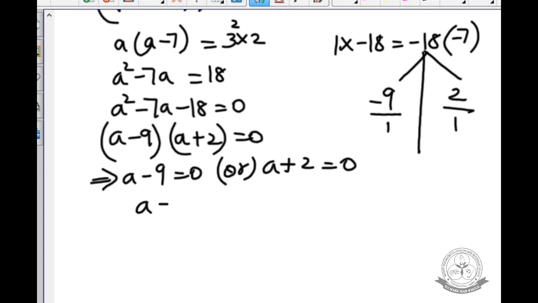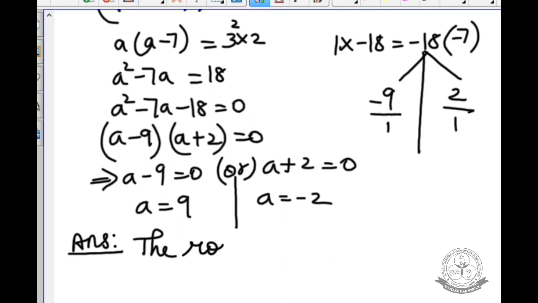That is a equal to 9 or a equal to minus 2. So the answer, the roots are: it is a quadratic equation in the variable a, so a equal to 9 comma minus 2.